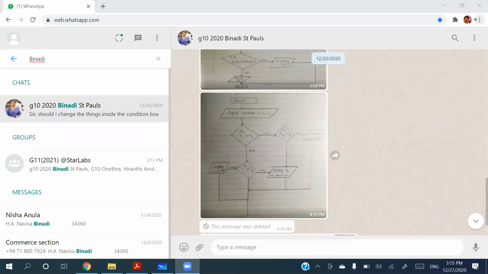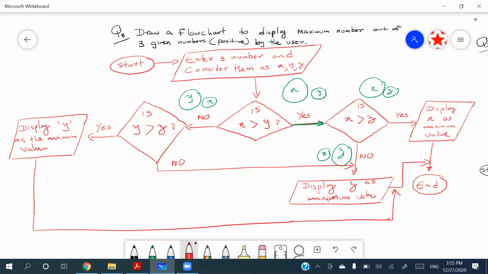Okay. Does anyone need any time to copy this down? Or else we can go for question number 9, which is with the iteration. We are trying to finish up the iteration today and step to the pseudocode. Once we step to the pseudocode, it is very easy for us to move to Pascal.